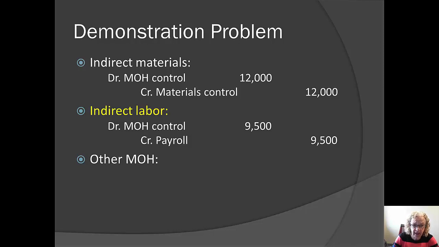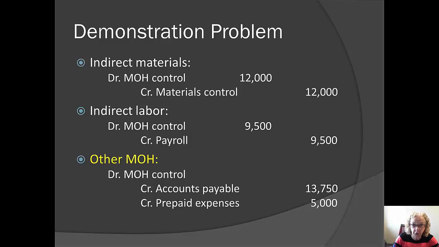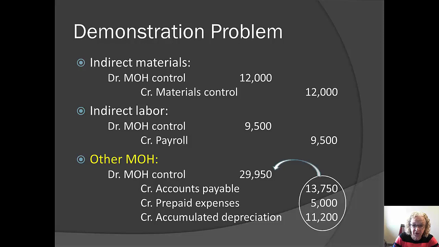For the other overhead items, we're going to increase manufacturing overhead control by the amount that we owe for utilities and other factory expenses, by the amount of our prepaid expenses that we used up during the period, and by the amount of depreciation that we used up on our factory equipment. Altogether, we can add that up, and that will also go into our manufacturing overhead control account.